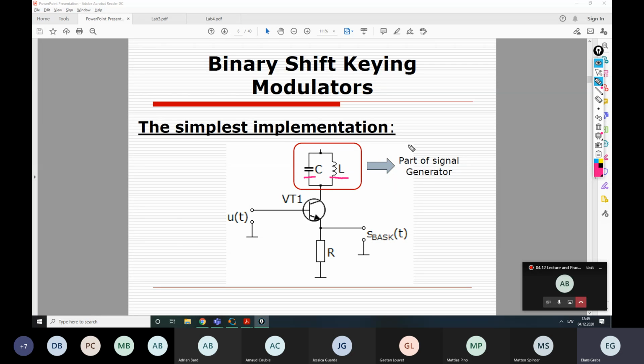Now your schematic works, it generates some heat, the temperature rises, and capacitance and inductivity also change. So that will change the frequency as well. So this is a problem of frequency stability, which is low for this contour.